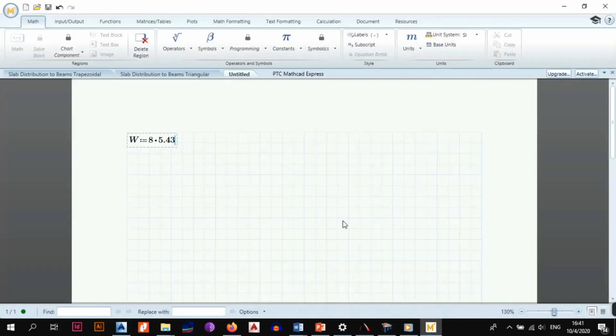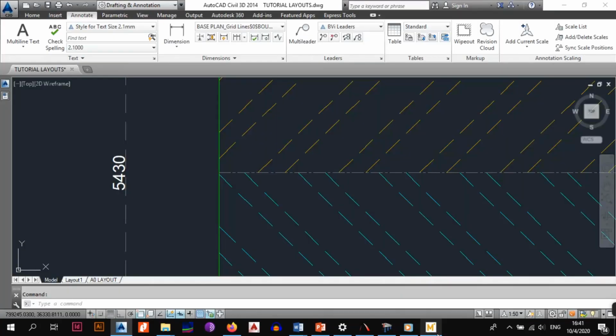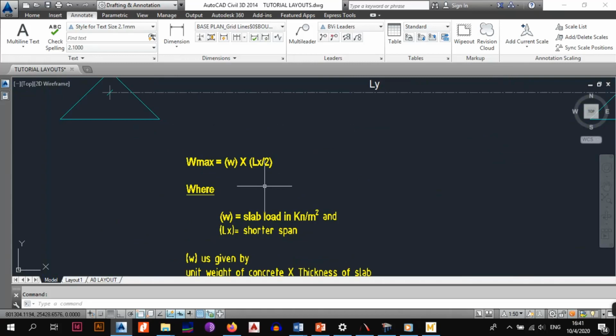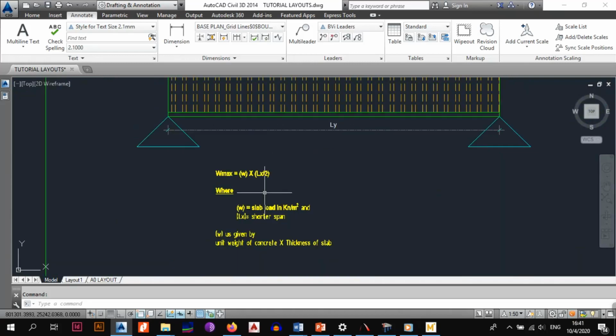Then divide that by 2, like this, and there you would get your value. And in our case, W would be equal to 21.72. That would be the maximum value, and that would be W in kilonewtons per meter.